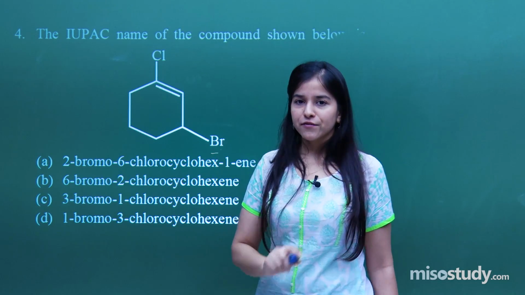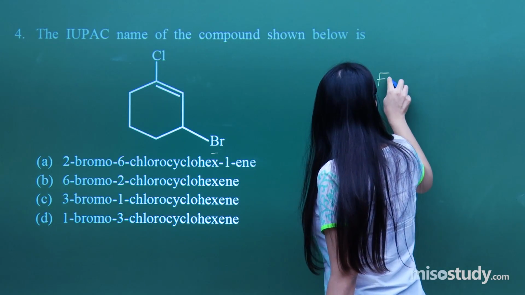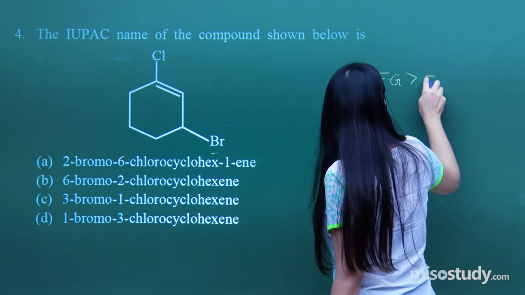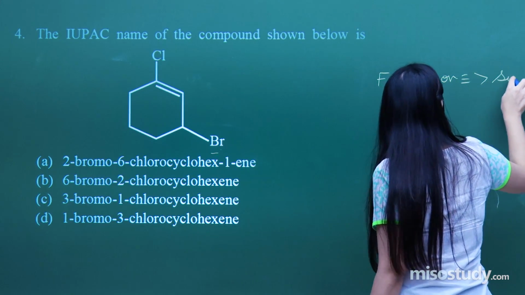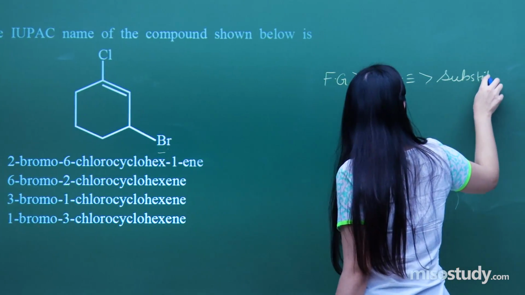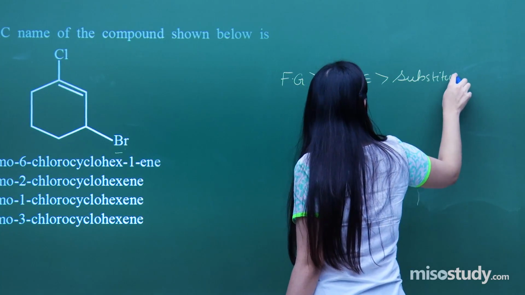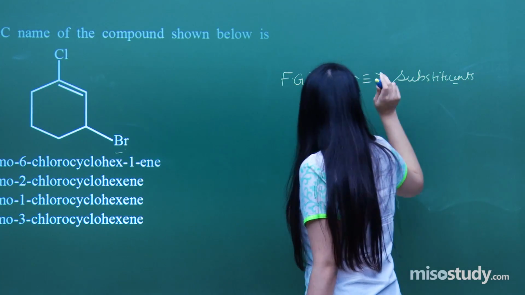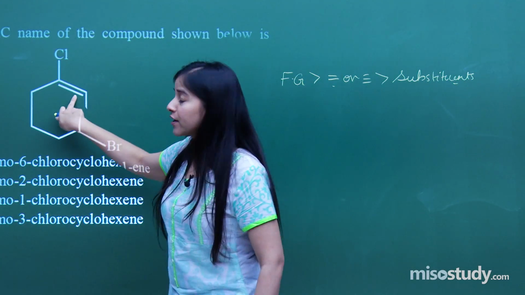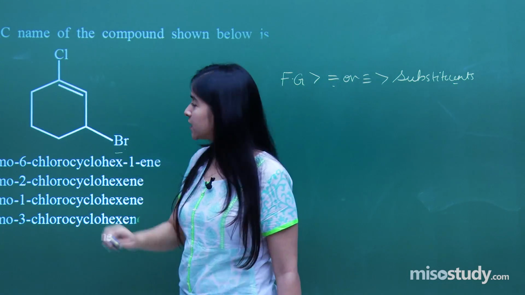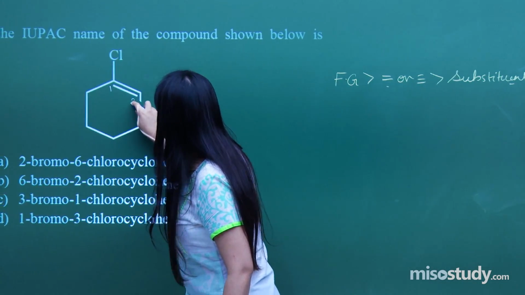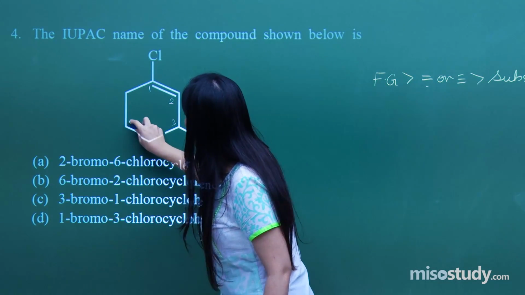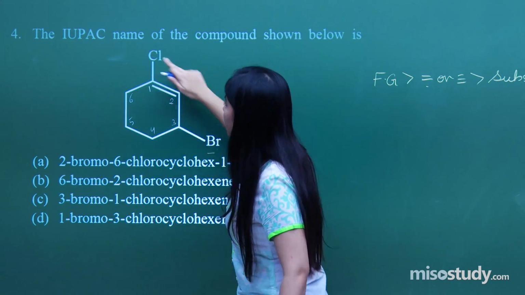But if you know the preference order, functional group is always preferred over double or triple bonds, and finally comes the turn of substituents. That means I'll be giving the double bond the priority and not the substituents. That means I'll be giving 1 to this, 2, 3, 4, 5 and 6, not the other way around.